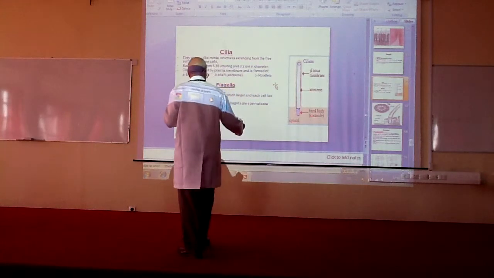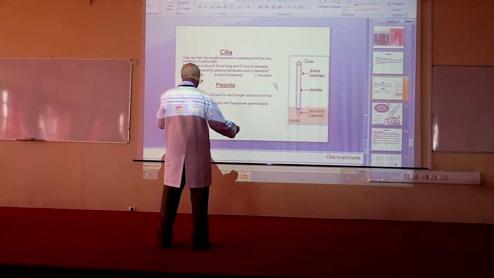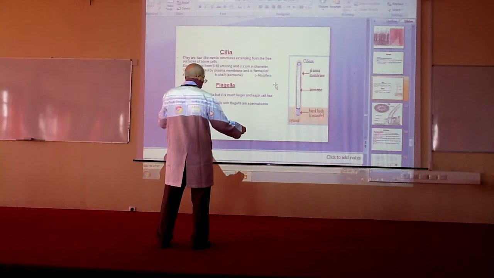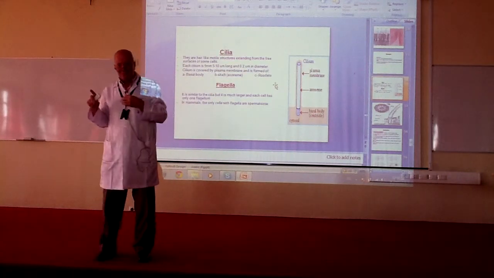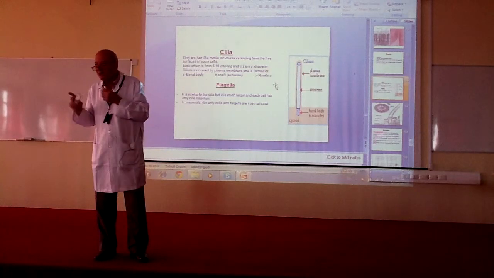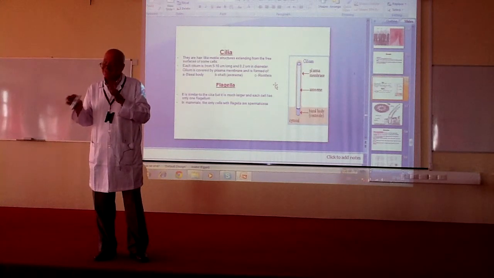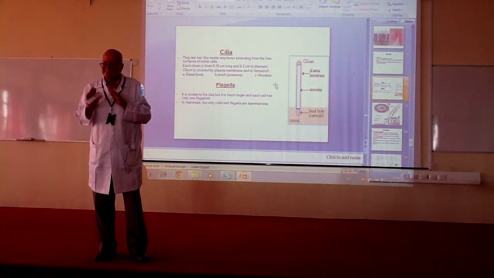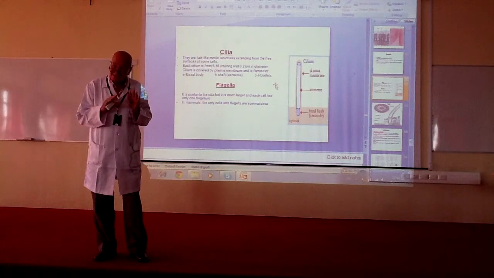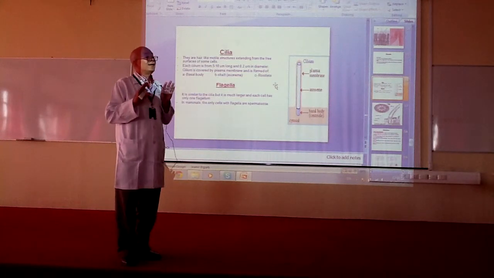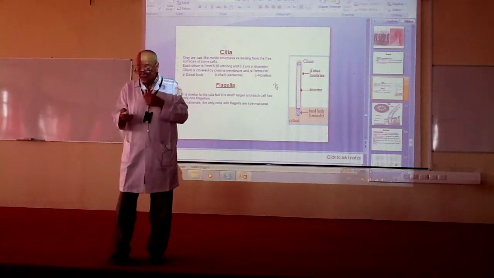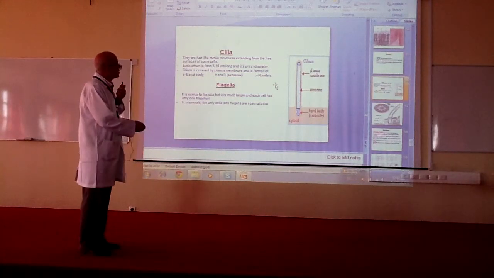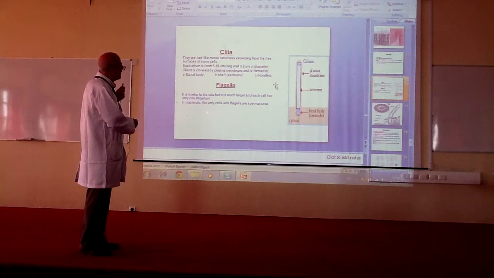The basal body is similar to a centriole structure because during development of the ciliated cells, the centriole in ciliated cells will divide multiple times, leading to the formation of multiple basal bodies.